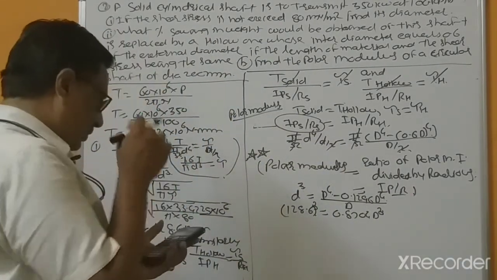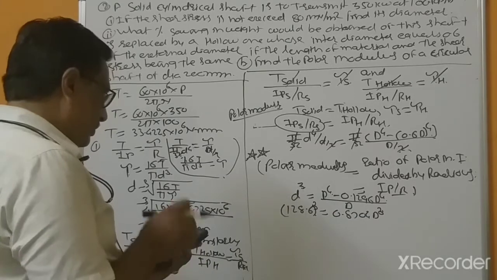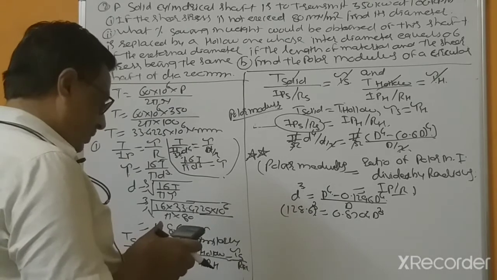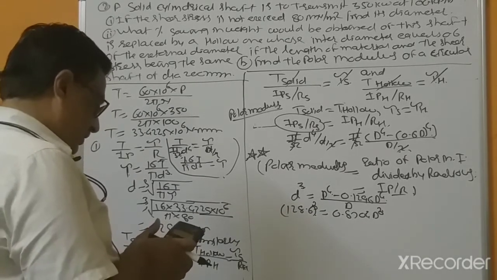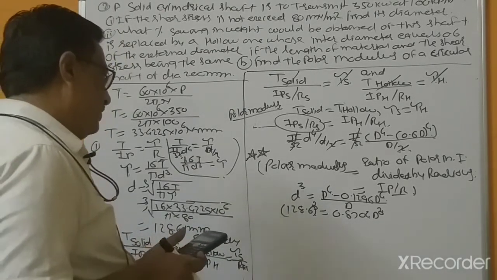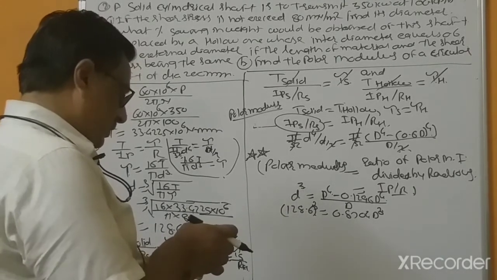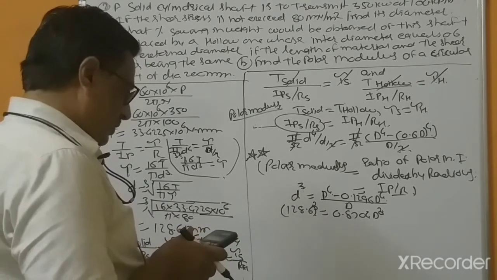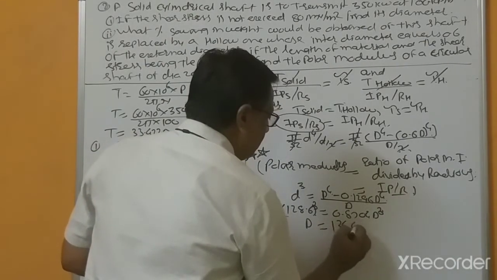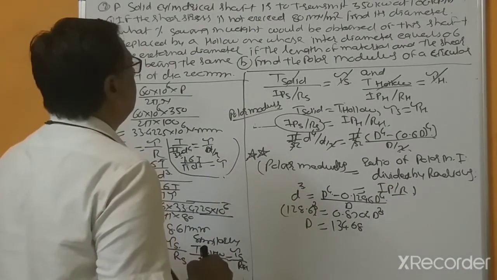So 1 divided by 128.6 cube divided by 0.8704, and the cube root of this gives D equal to 134.68, right? Okay.